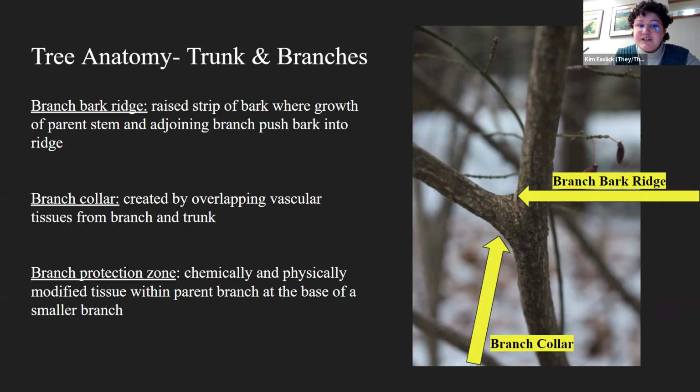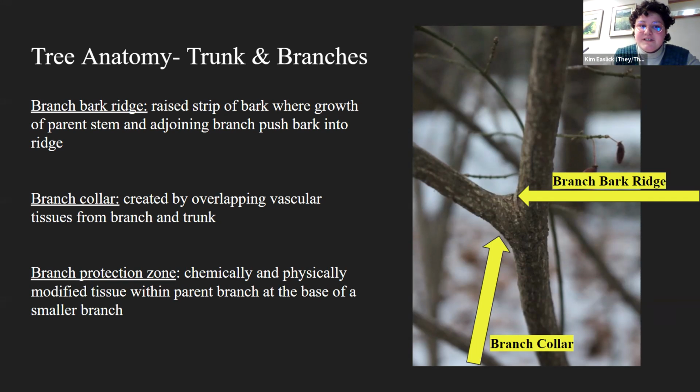Under this branch collar is the branch protection zone, which are overlapping tissues that work to chemically and physically modify tissue within the parent branch at the base of the smaller branch, which works to slow the spread of discoloration and decay into the parent branch.